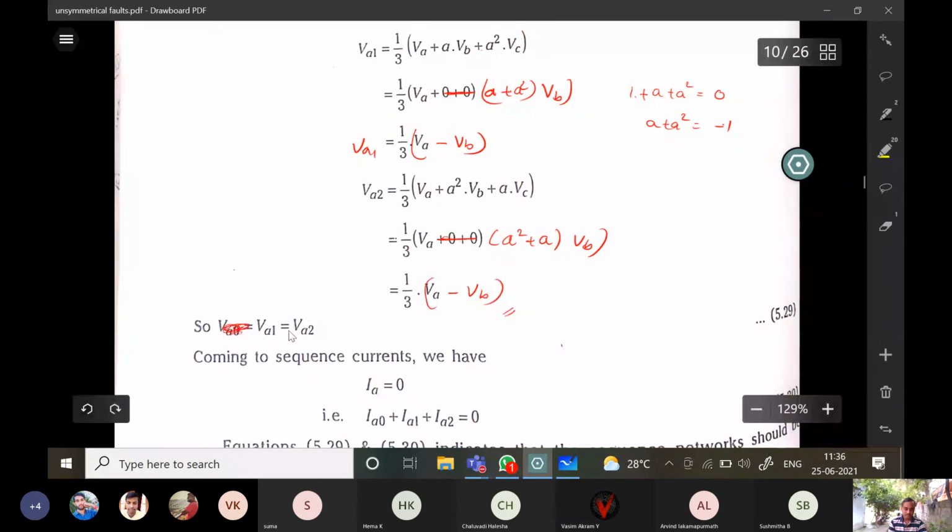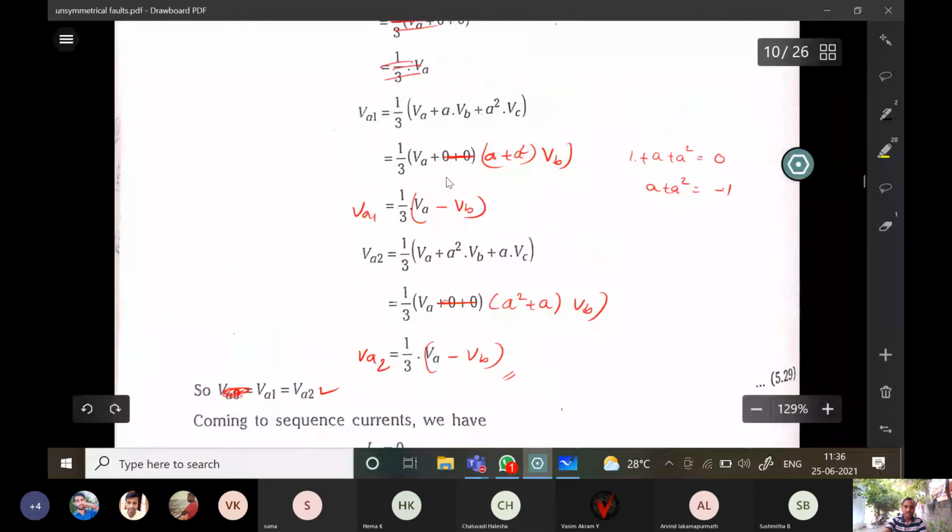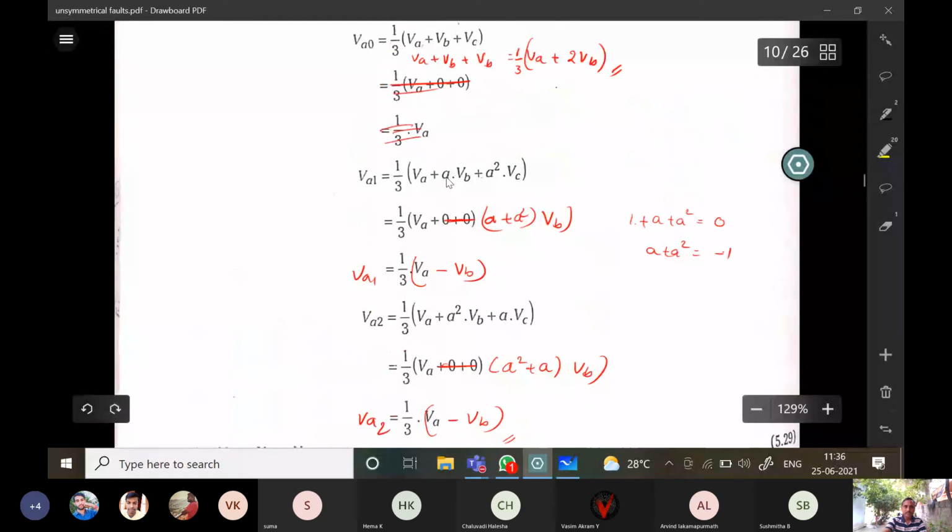In this case, VA1 and VA2 both are the same, and VA0 is different. VA0 is 1 by 3 times of VA plus 2VB. So look here. In this case, we write in terms of VB. Right? So what happens? This is equal to 1 by 3 times of VB.